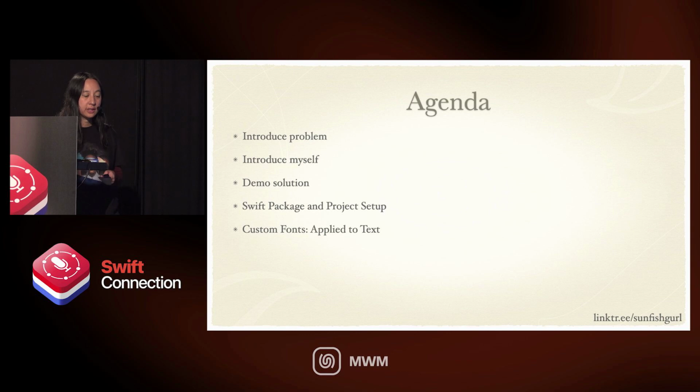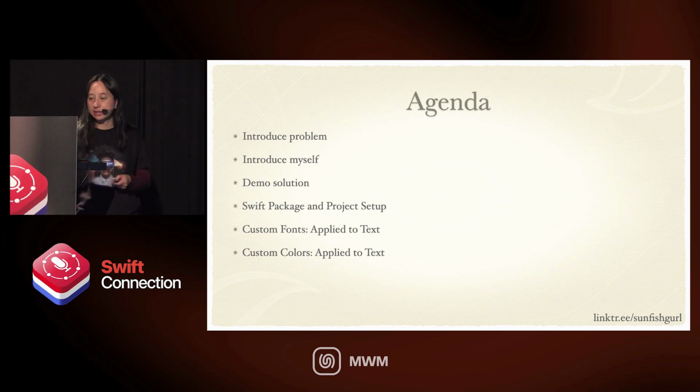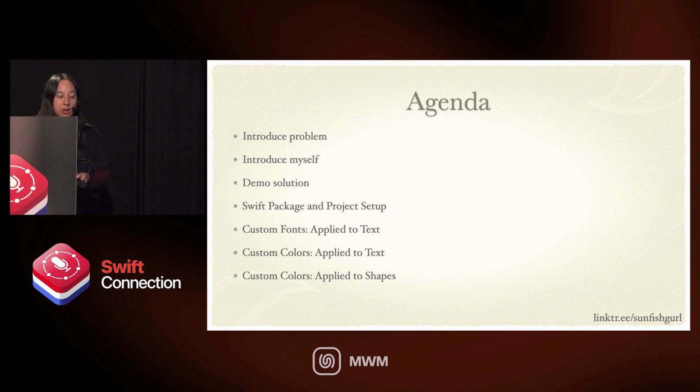Then I'll discuss how to create custom fonts that you can apply to text, how to create custom colors that you can apply to text, and how to create custom colors that you can apply to shapes. And I'll end with some resources that you can follow up.